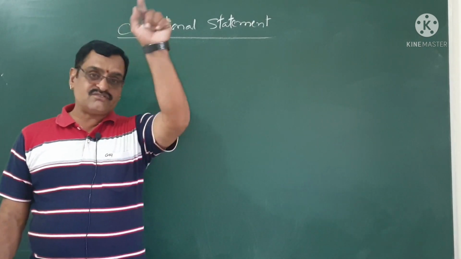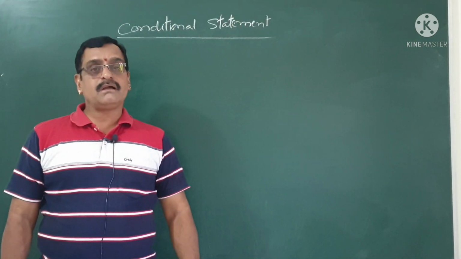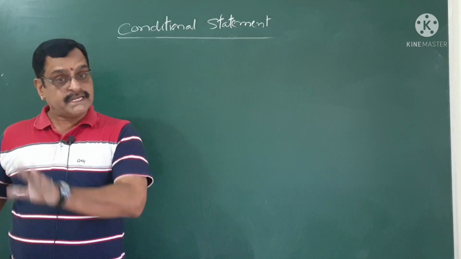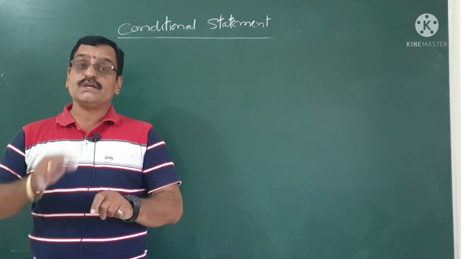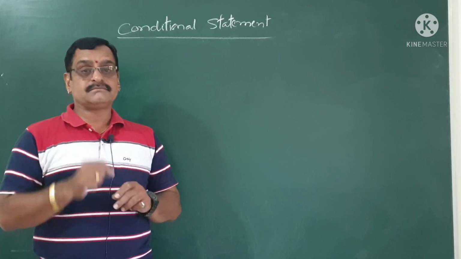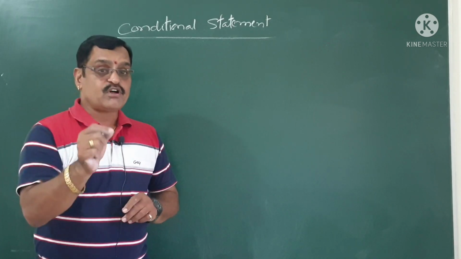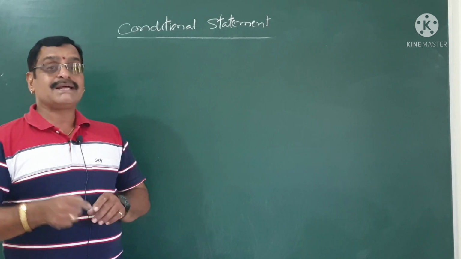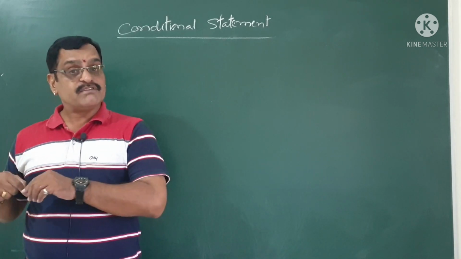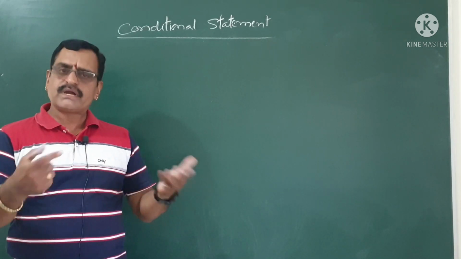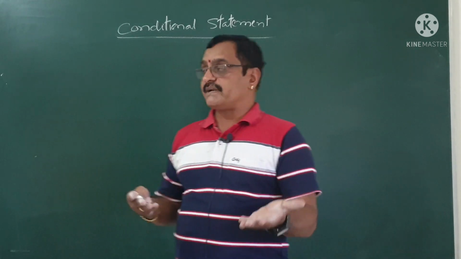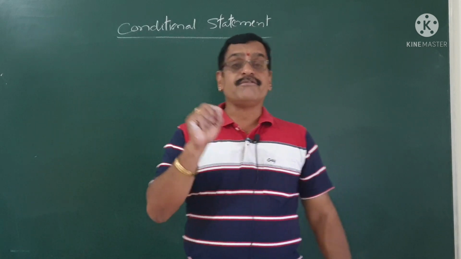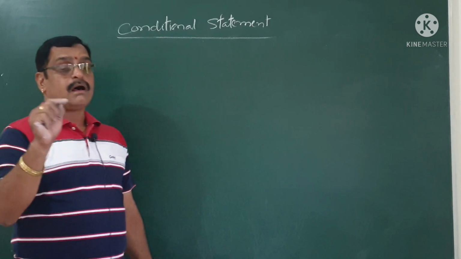There is no direct relation, even then you can combine them: if rainfall is more in China, then the yield of the crop is good in India. It is just a combination of two statements using the phrase if-then or the arrow mark.